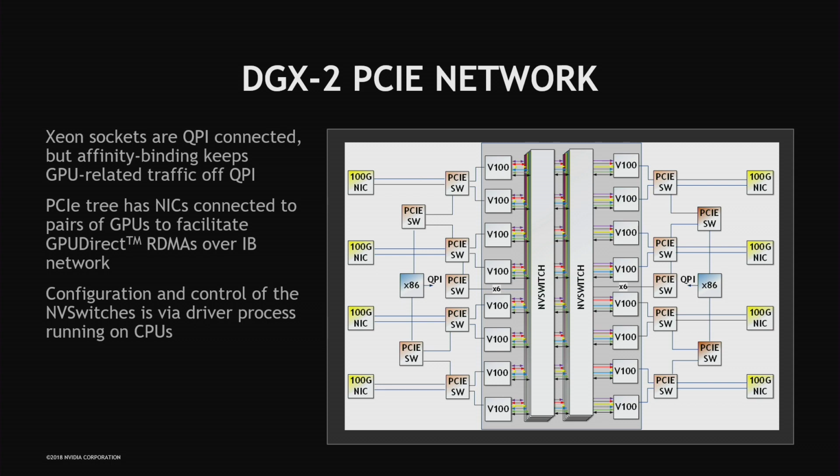For example, if you look at how it's organized here, each one of the 8 available NICs has a clear path to a pair of GPUs, which means that we can RDMA from all the GPUs going to all the NICs, all at the full bandwidth supported by the NICs, all at the same time, and move data in and out of this machine very quickly. Aside from that sort of I/O, the PCIe tree also supports the control of the GPUs and the NVSwitches themselves.